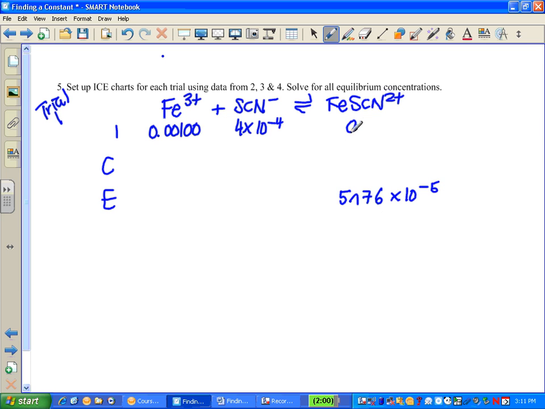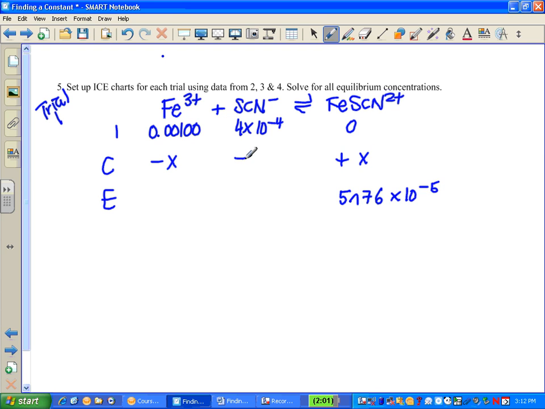So what you can see developing here is a study of the reaction. I started with 0 of the FeSCN2+, and essentially what I did was increase the concentration. I'm going to put it as an x. I increased by x, and then this was my equilibrium concentration.